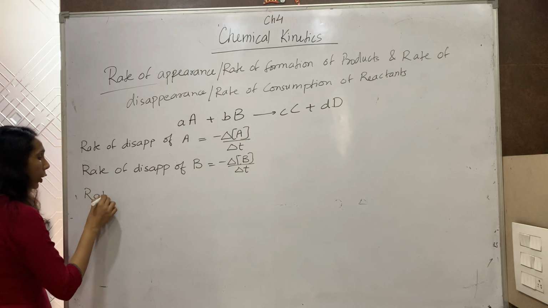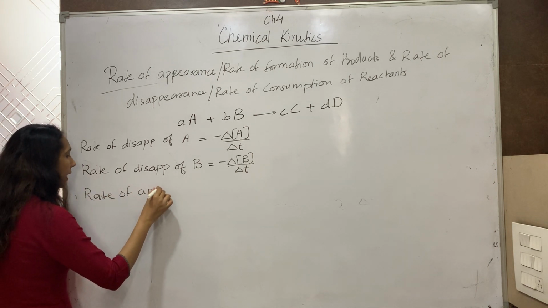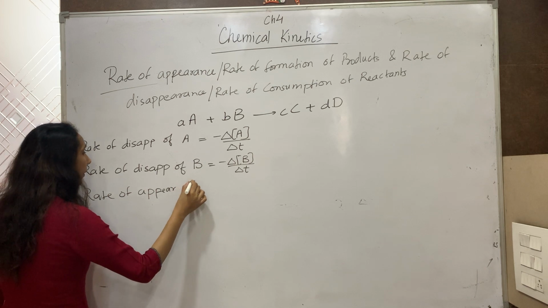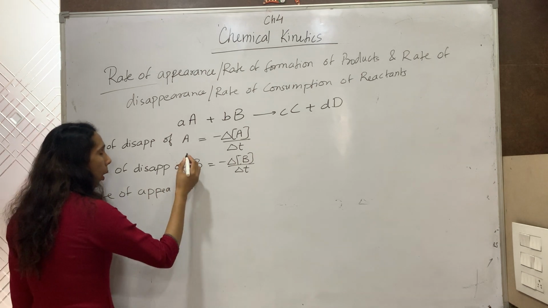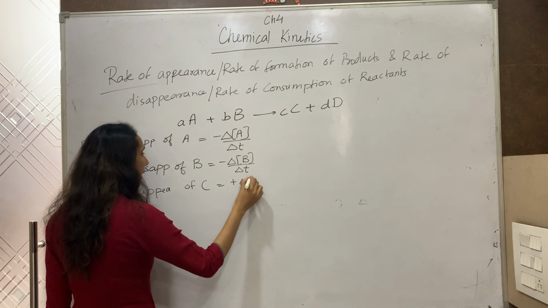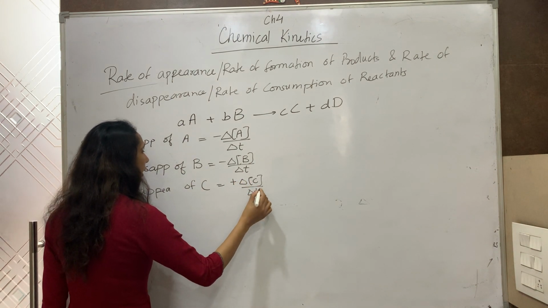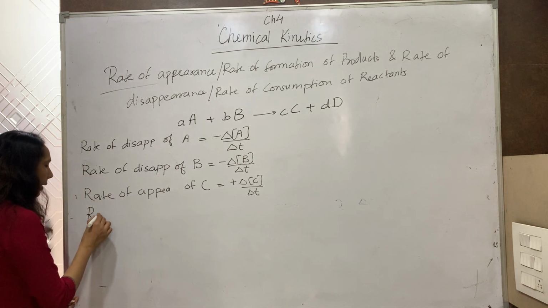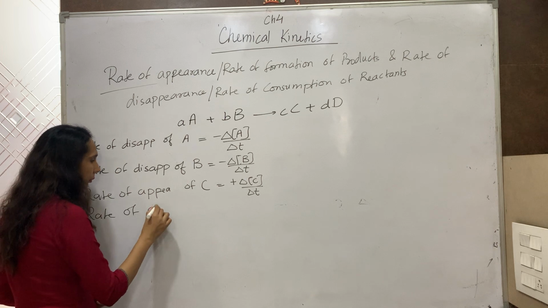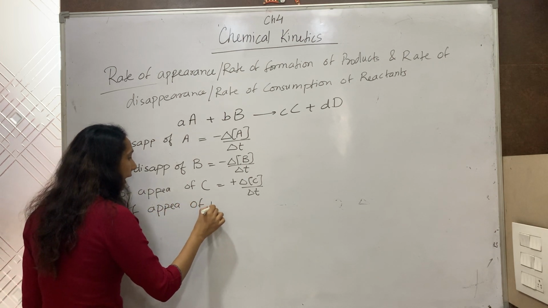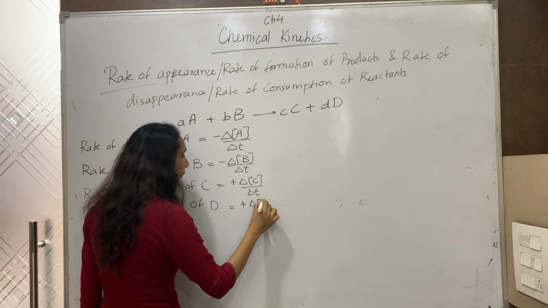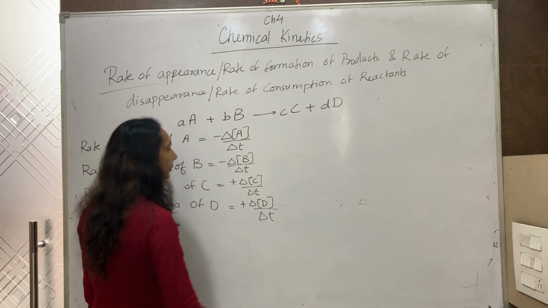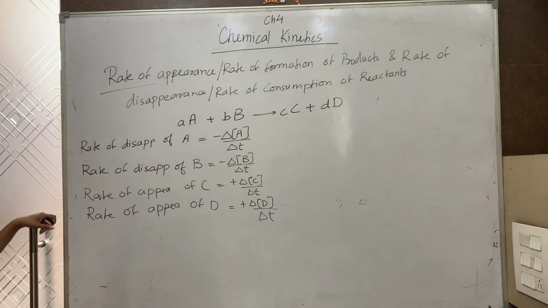Now, rate of appearance, since product is formed in this reaction, so we will say the rate of appearance of C is plus delta C by delta T. When I write the rate of appearance of D, it is plus delta D by delta T. So we have written the rate of disappearance of reactants and the rate of appearance of products.